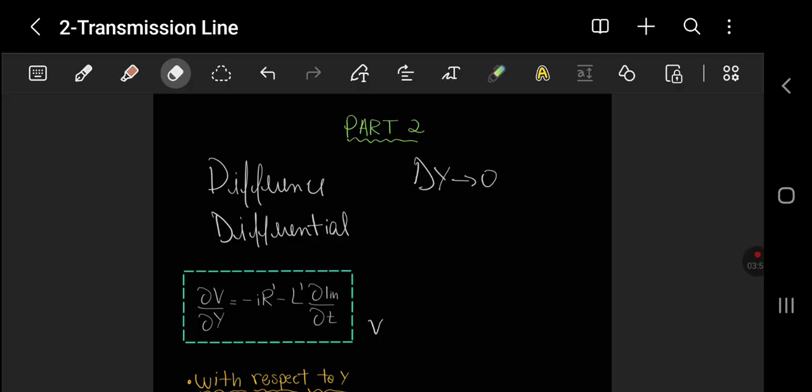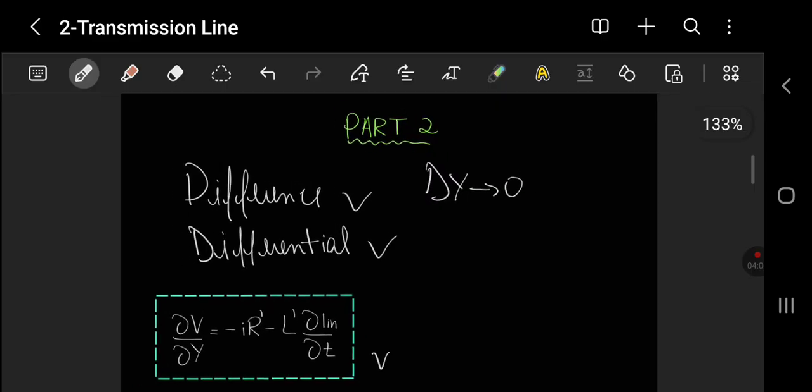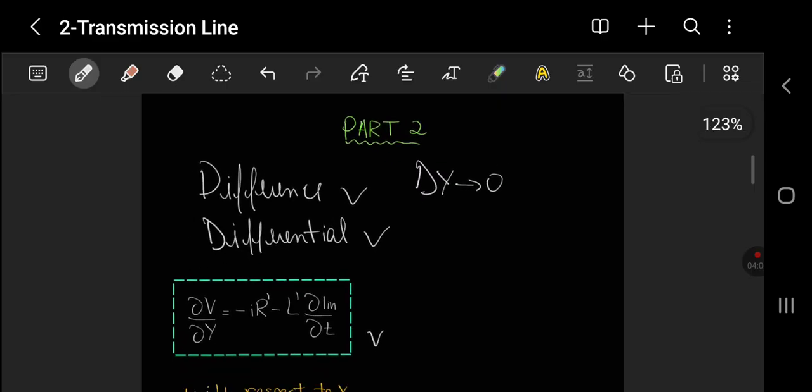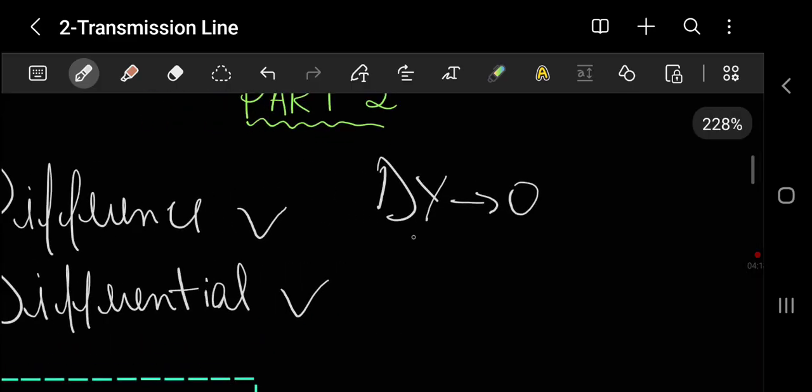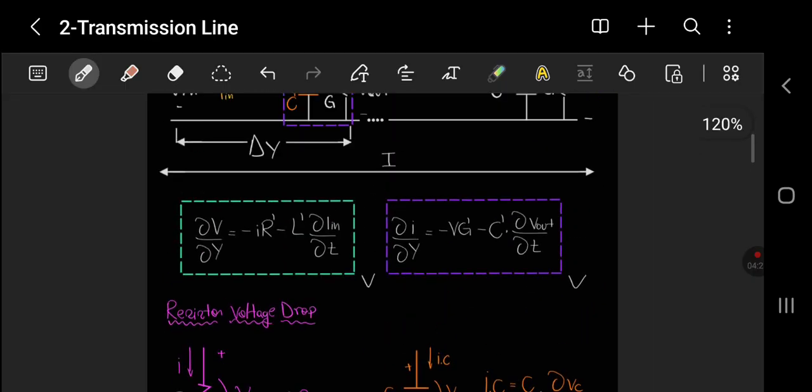Okay, so let's start part 2, building a strong knowledge about the difference between differential and difference. The handbook that we are using points out that we replace differences with differentials by taking the limit as delta y approaches 0, and this way we can write these equations.